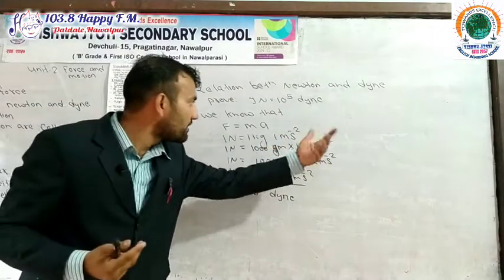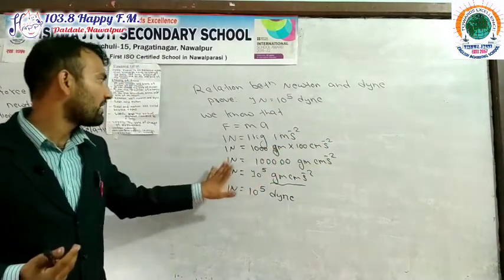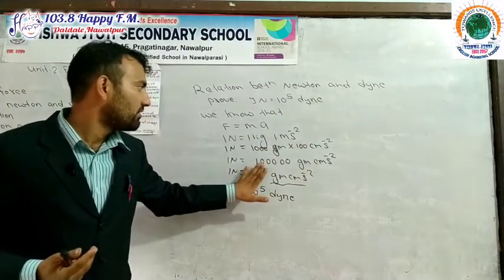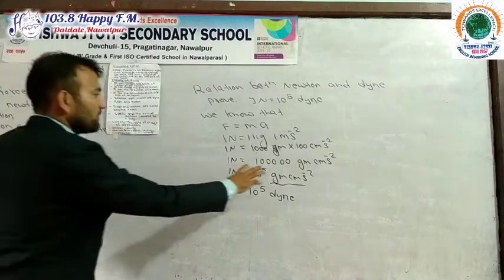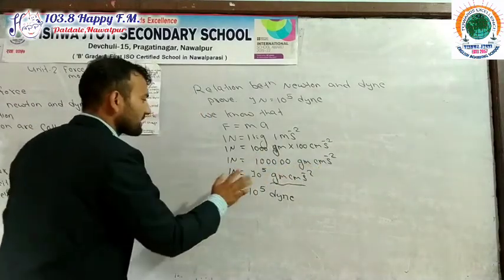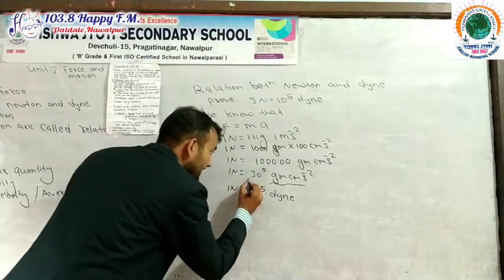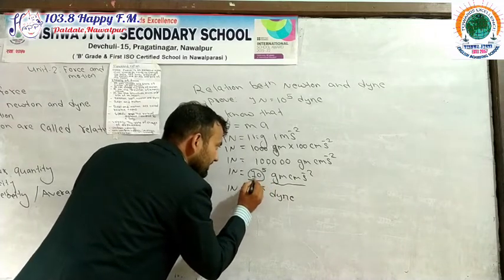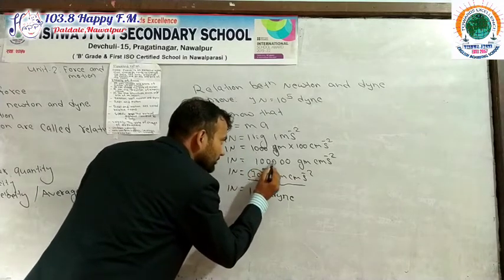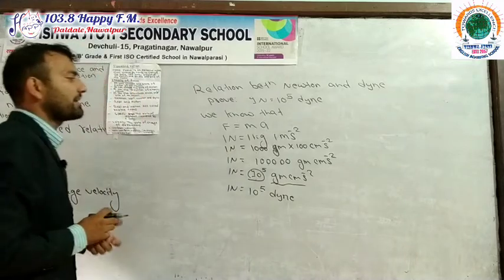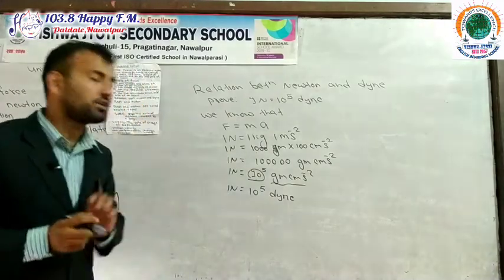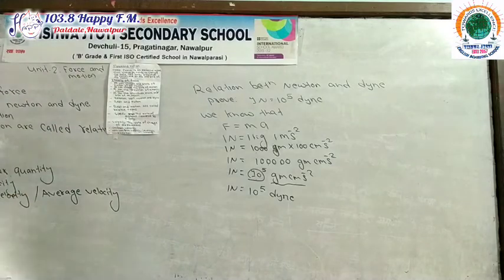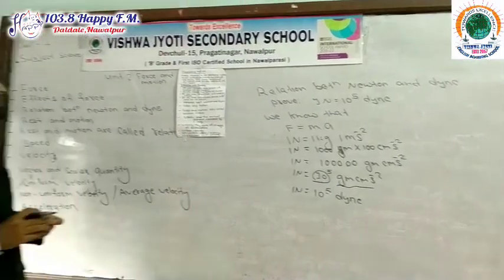We write 1000 into 100 cm per second square. Expressed in scientific notation, we write 10, then count the zeros: 1, 2, 3, 4, 5. We write 10 to the power 5. So 1 Newton equals 10 to the power 5 dyne. That is the relation between Newton and dyne.